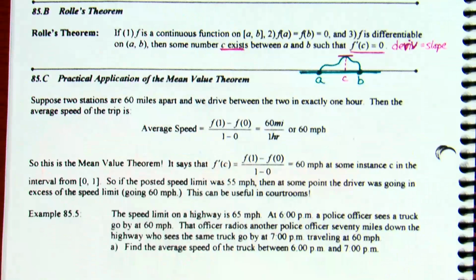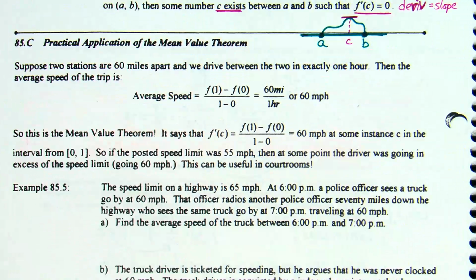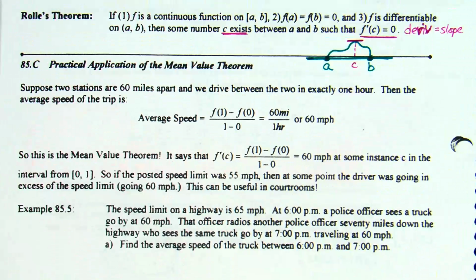Let's talk about our speed trap. Suppose two stations are 60 miles apart, and we drive between the two in exactly 1 hour. Then the average speed is given here.